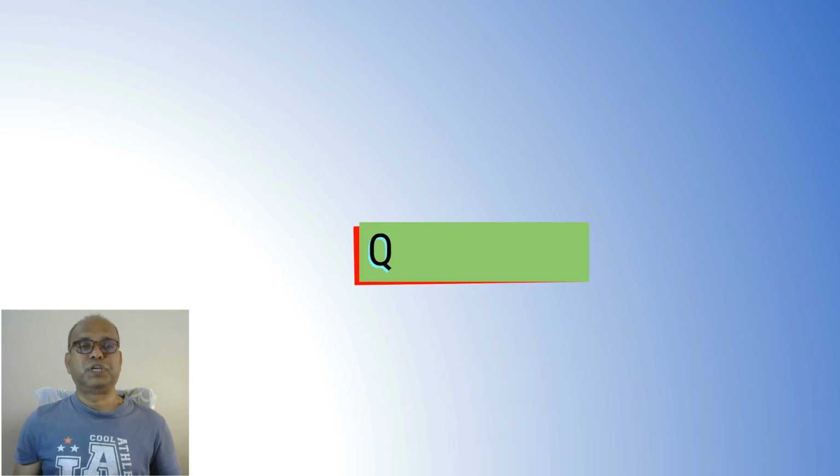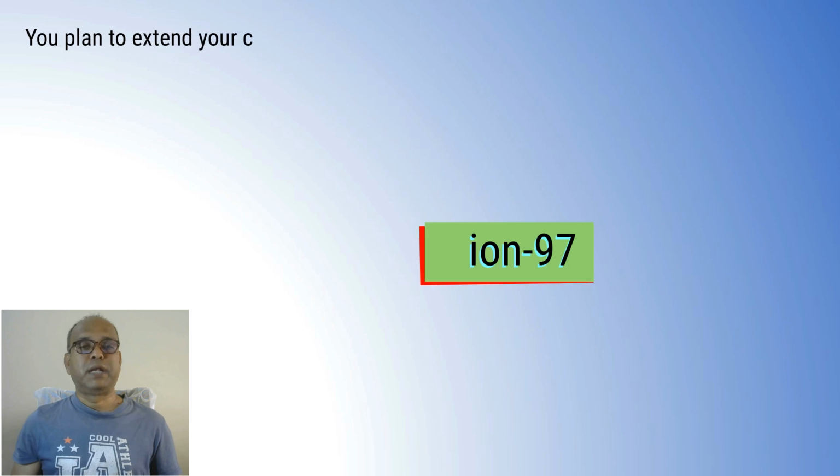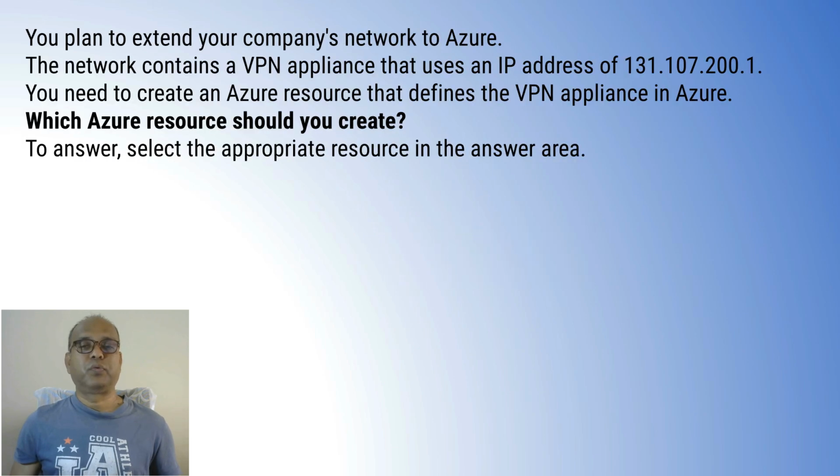The next question, question number 97. You plan to extend your company's network to Azure. The network contains a VPN appliance that uses an IP address of 131.107.200.1. You need to create an Azure resource that defines the VPN appliance in Azure. Which Azure resource should you create?